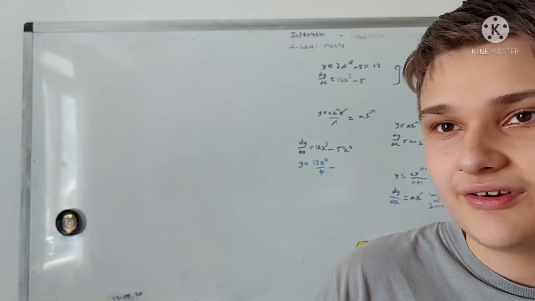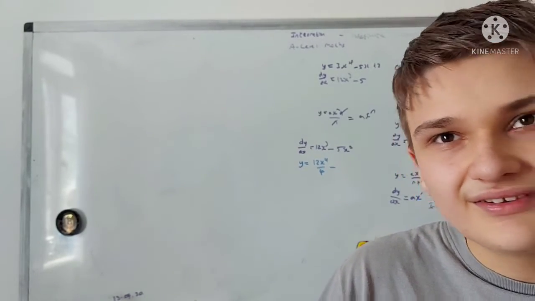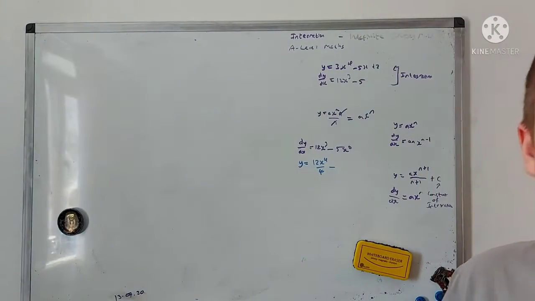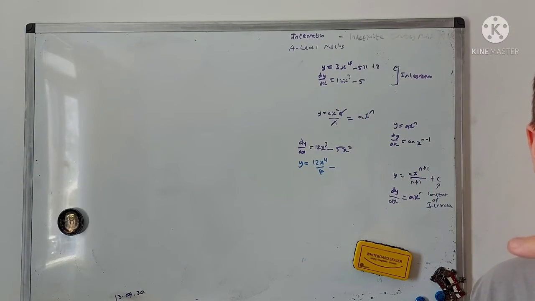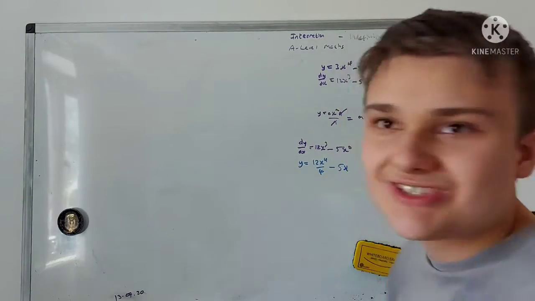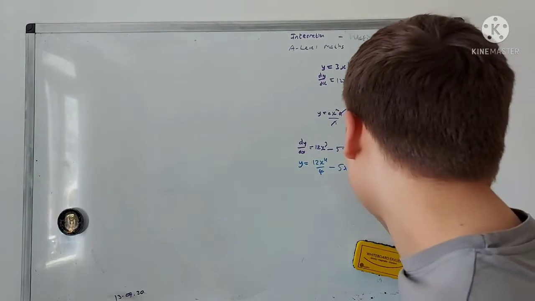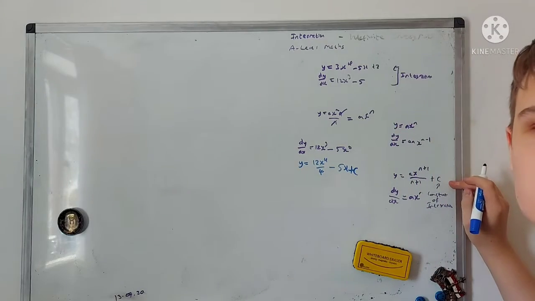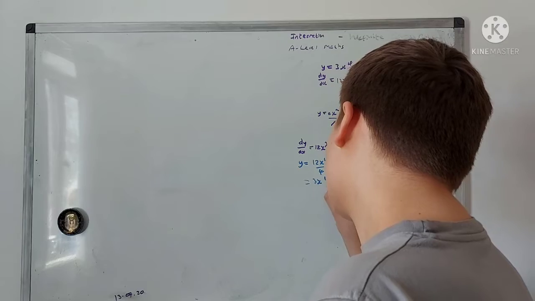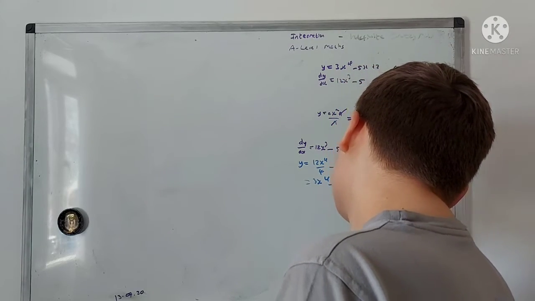What's going on there? You get minus 5x to the 1 over 1, so you just get minus 5x. And obviously I've got my plus c at the end from the constant of integration. So I can simplify this to 3x to the 4 minus 5x plus c.